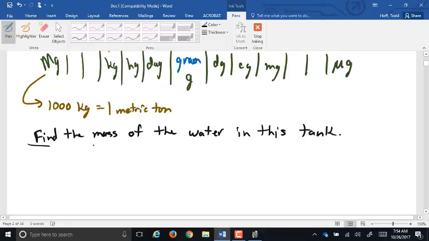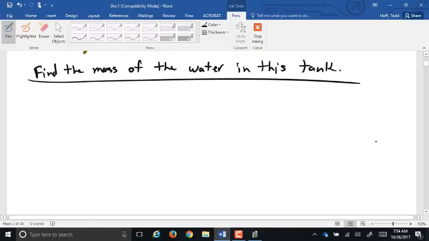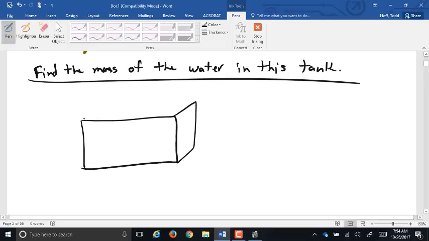Find the mass of the water that this tank can hold. We'll keep it simple this time. Pretend that looks like a tank.